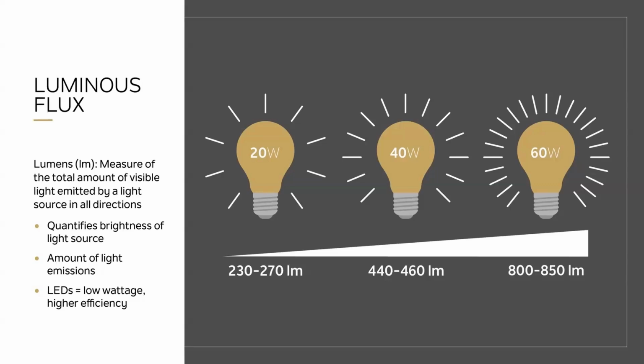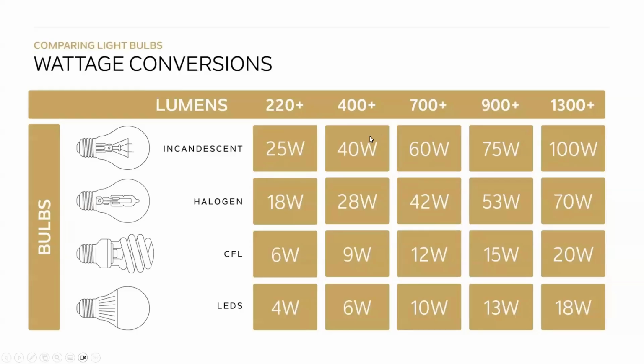And then 40 watts emits about 440 to 460, and 60 emits about 800 to 850 lumens. The chart on this one truly visualizes this idea, with LEDs having the lowest wattage per lumen output compared to other light bulbs widely used now and in the past.